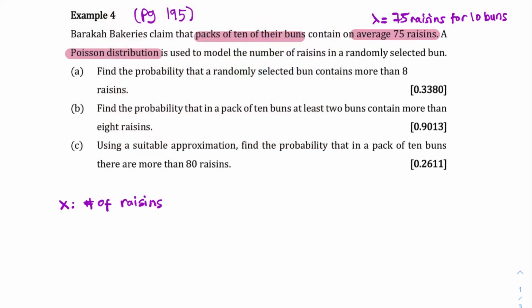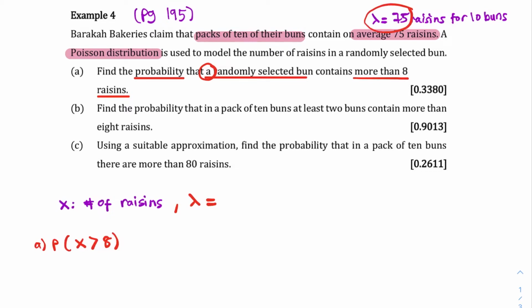Now let's look at part A. They're asking for the probability that a randomly selected bun contains more than 8 raisins. So they're asking about the probability that X, the number of raisins, is more than 8. Now my question, what is the lambda for this question? Because this is a selected bun, lambda here, instead of 75, because 75 is given for 10 buns, for one bun you need to do 75 divided by 10, where you get 7.5 raisins for a bun.